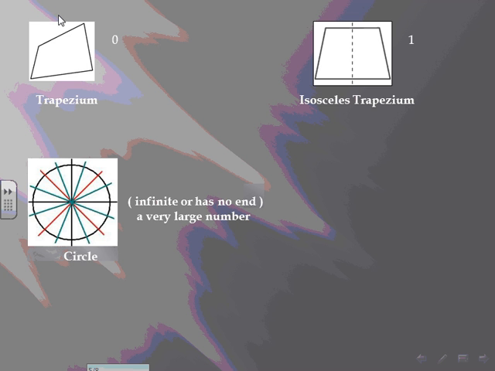Why? Because I cannot cut this shape into two equal or identical parts. The isosceles trapezium has only one line of symmetry. And the circle has a very large number, infinite, or no end, of lines of symmetry.